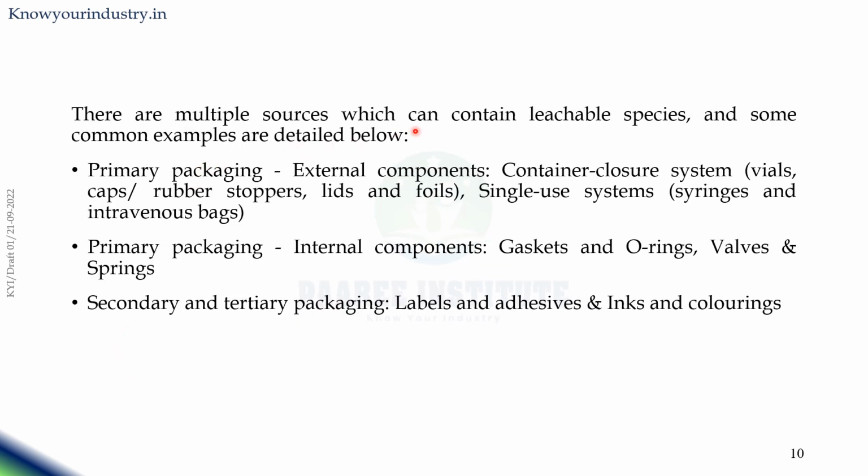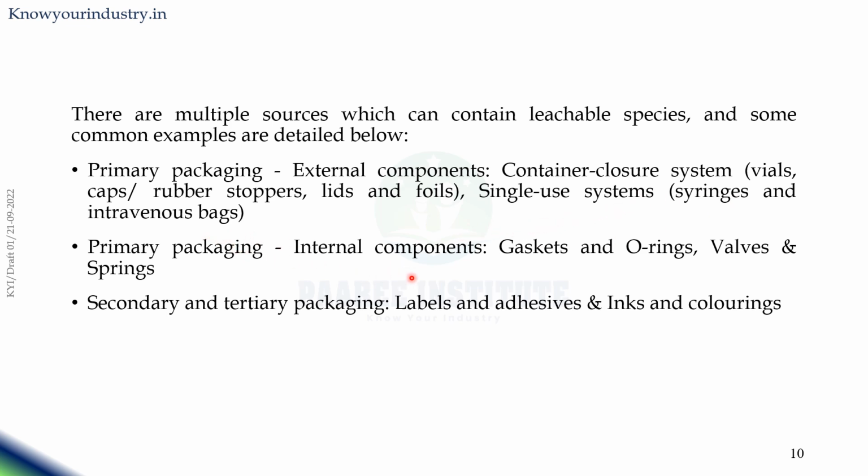There are multiple sources which can contain leachable species, and some common examples are primary packaging materials, the external components like container closure systems like vials, caps, rubber stoppers, lids, foils, etc. Then the single-use systems like syringes and intravenous bags.